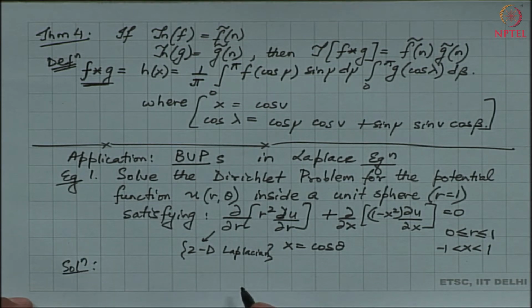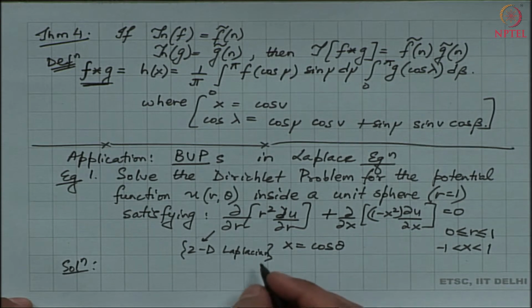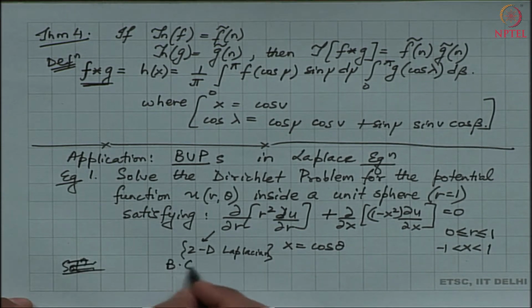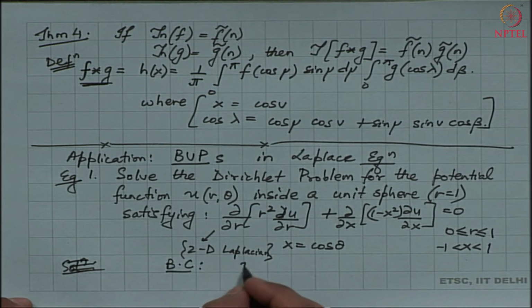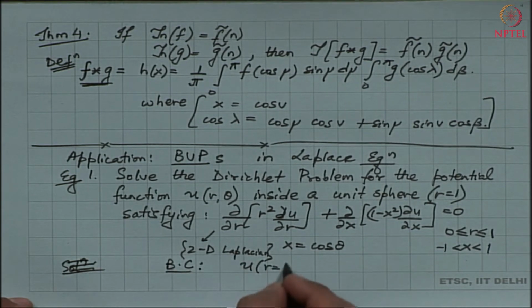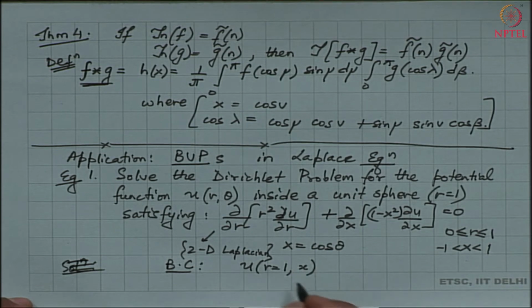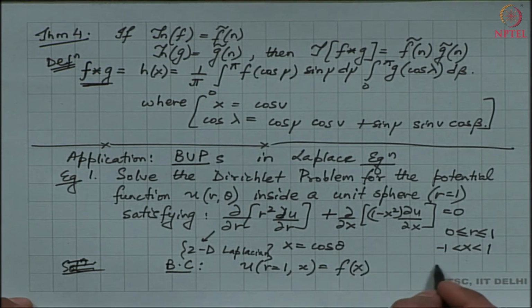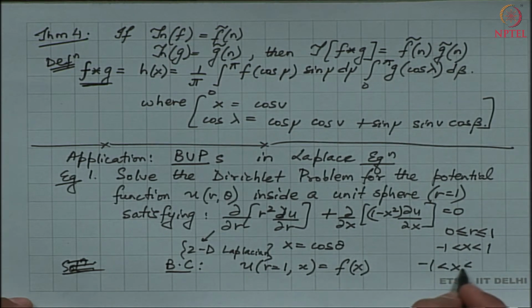Well, I also need to provide the boundary condition. So, let me state the boundary condition. I am given that u at r equal to 1, for any value of x, is given by this function f of x from -1 to 1. Okay.